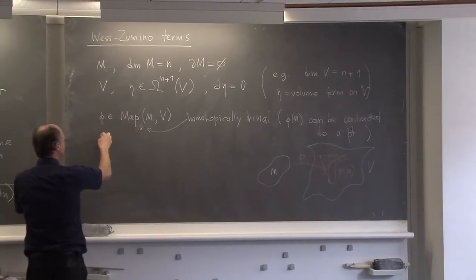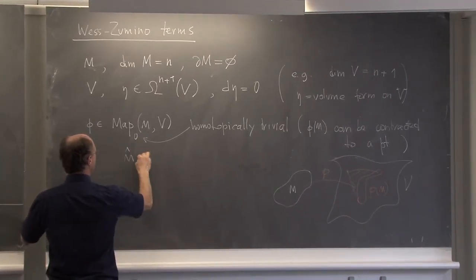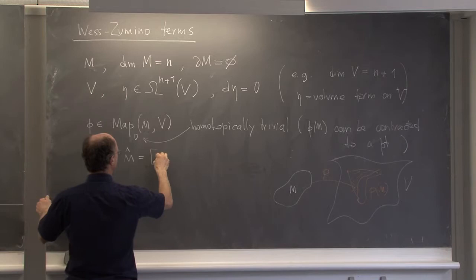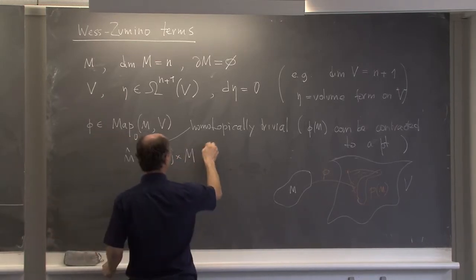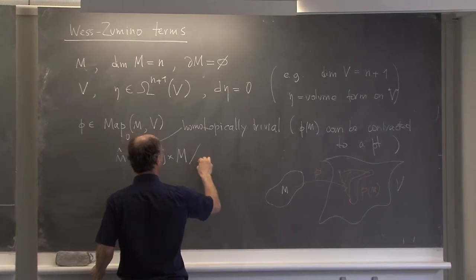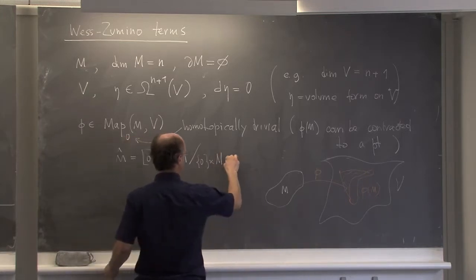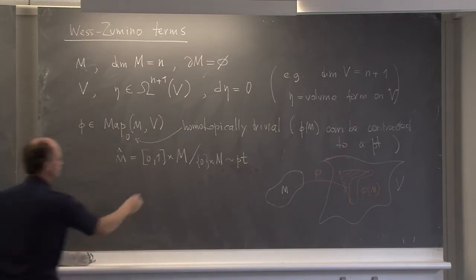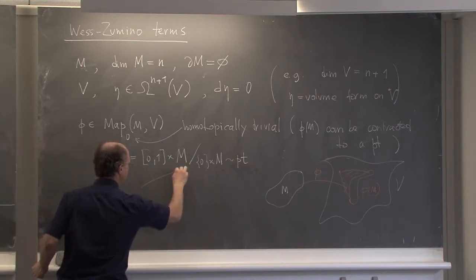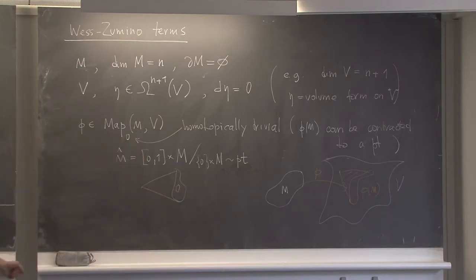In other words, maybe we can do the following. Let's introduce M hat to be a cone over M. So M times the interval, divided by 0 times M corresponding to a point. So M hat is something like this.